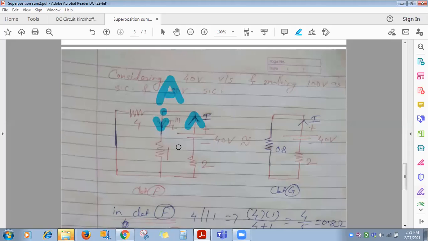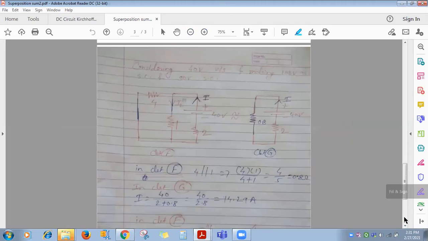We want only IL triple dash. So how about 4 ohm and 1 ohm? How are they connected? Parallel. So 4 into 1 divided by 4 plus 1, you will get 0.8.